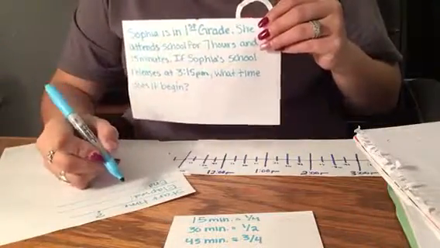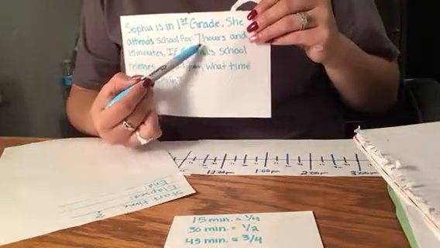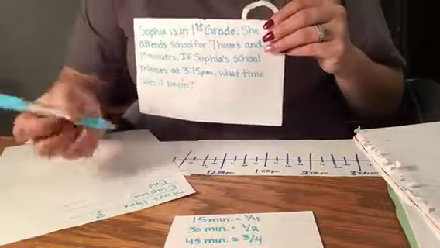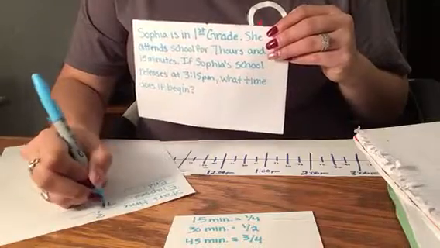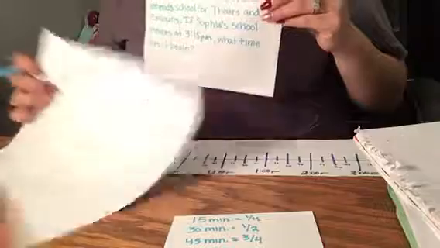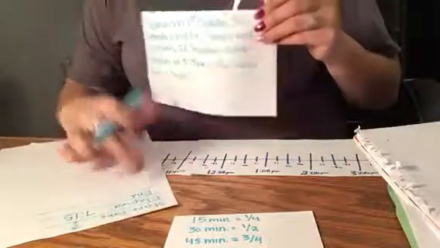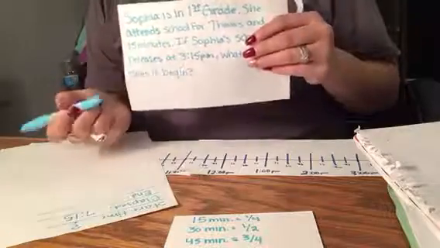Okay, do we have our elapsed time? Yes, the 7 hours and 15 minutes. So we're going to go ahead and put it in its place value like this, 7:15. Okay, and our ending time.